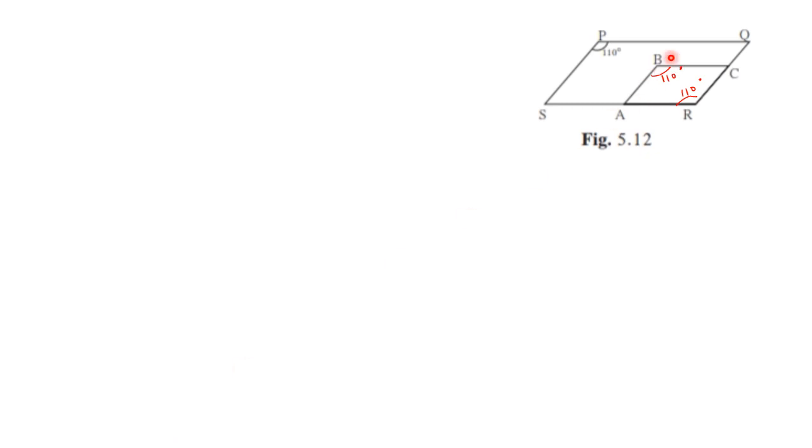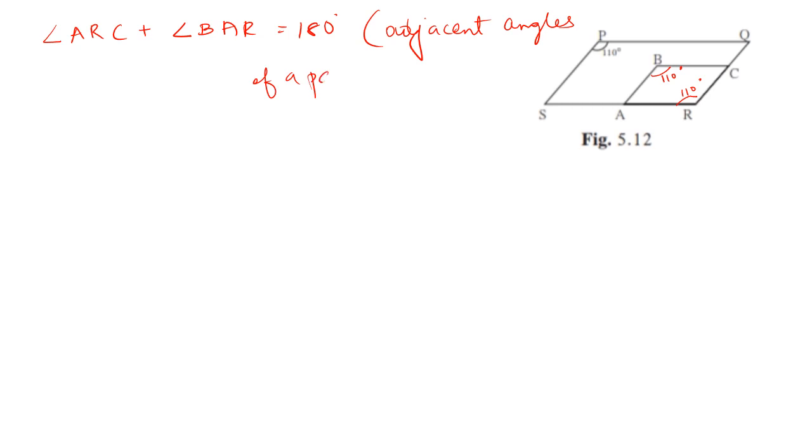Now, these both are BAR and ARC are supplementary to each other because they are adjacent angles of the parallelogram. Okay, so let's write that angle ARC plus angle BAR is equal to 180 degree. Reason: adjacent angles of a parallelogram are supplementary.